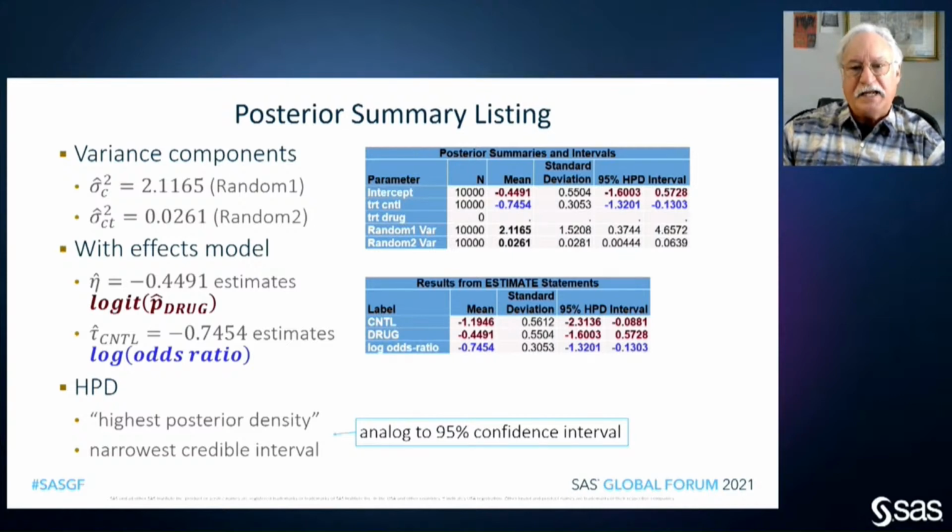The HPD intervals are what are called highest posterior densities. And these are the narrowest interval that contains 95% of the posterior distribution.